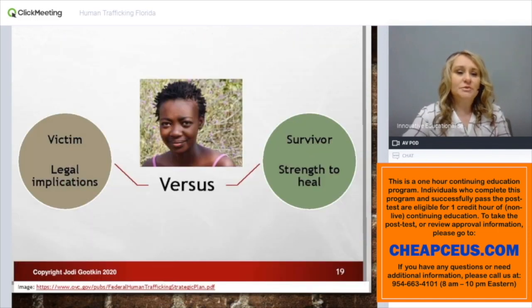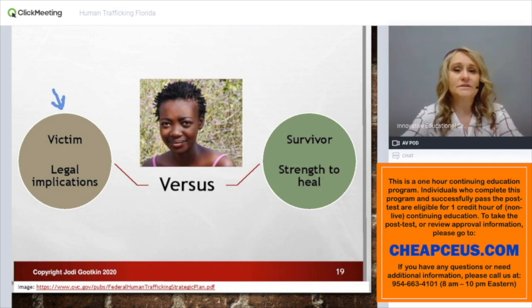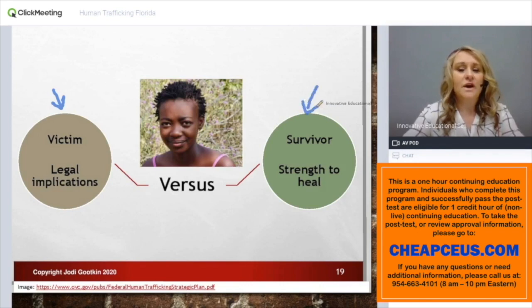As we look at the individuals, the terminology that we utilize, we need to take care with. The term victim is what's utilized by the criminal justice system. It's a legal term to identify an individual who has suffered harm as the result of criminal conduct of someone else. And then these individuals are also survivors.